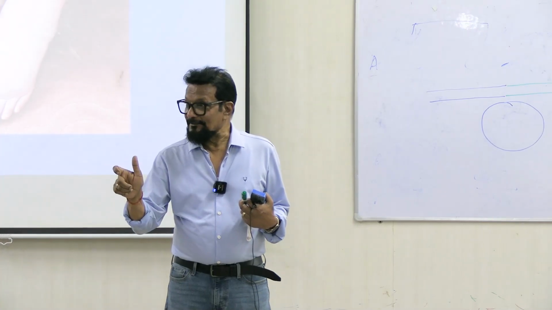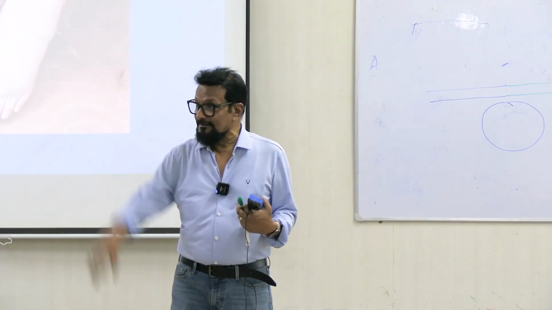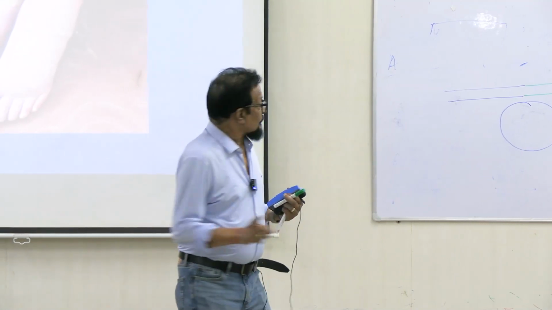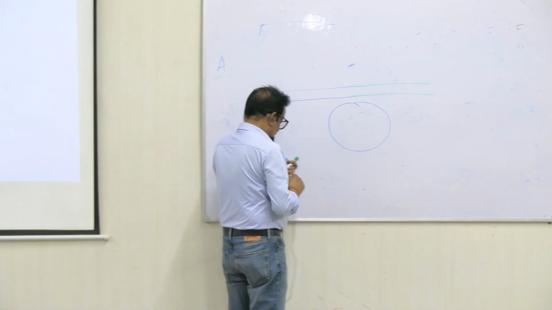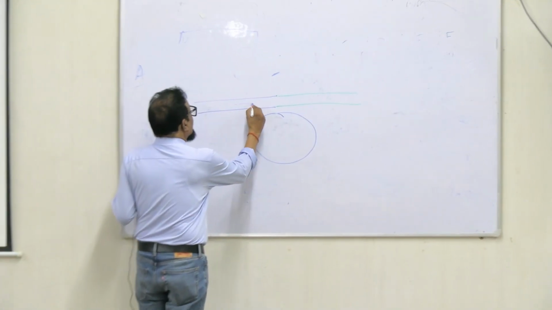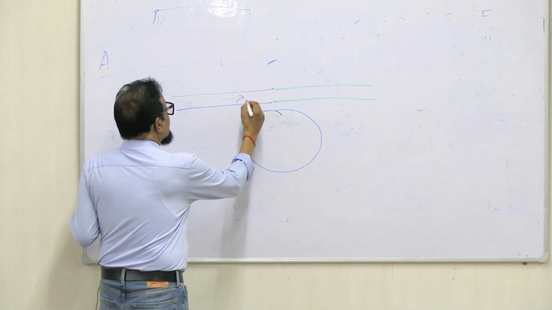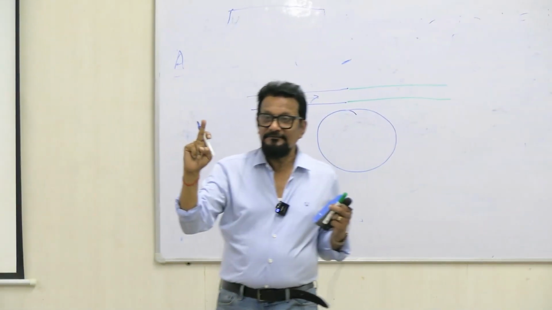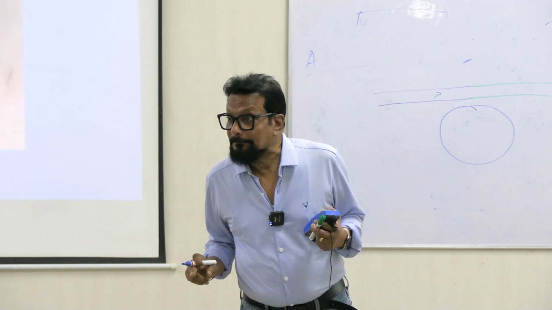Driving pressure should be there. So here also this driving pressure is created by our heart, by pumping blood. Because of driving pressure, blood is passing through. When this blood comes here, this blood must have a pressure, and this pressure is called hydrostatic pressure.